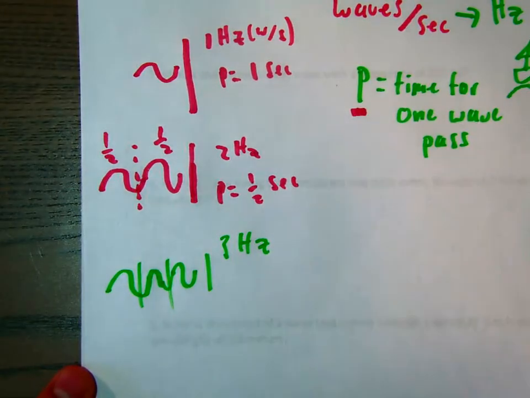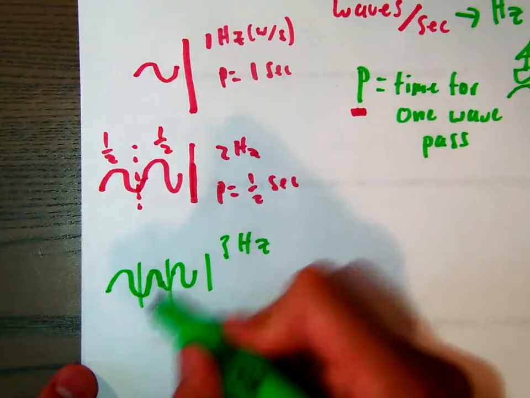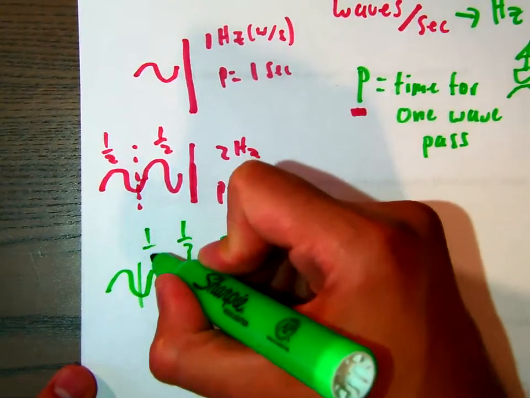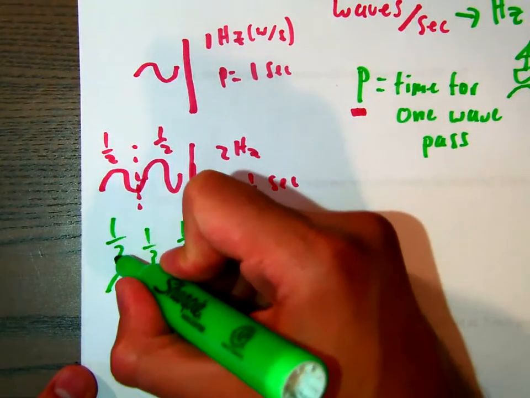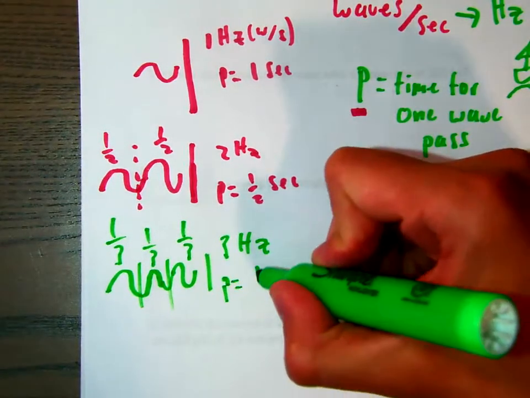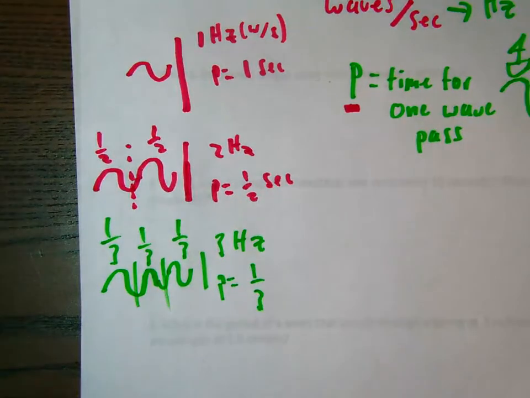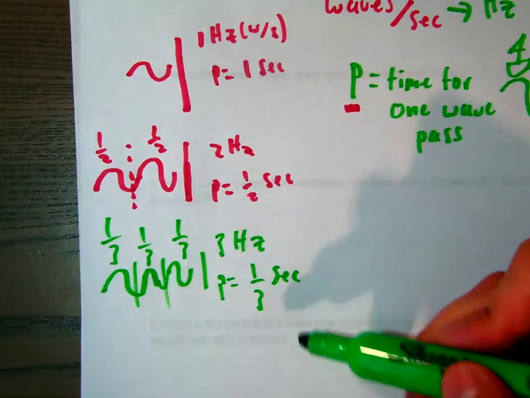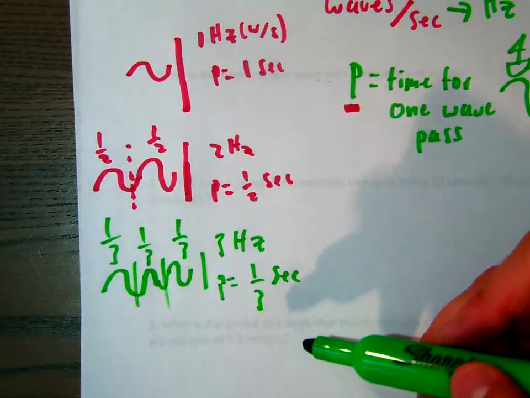If 3 waves pass per second, then all of these 3 have to pass in 1 second. So each one has a period of 1/3 of a second. So my period equals 1/3 of a second. You should start to see a trend here. The next one, 4 hertz, would be 1/4.